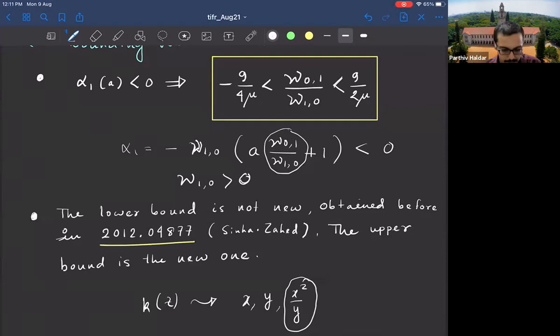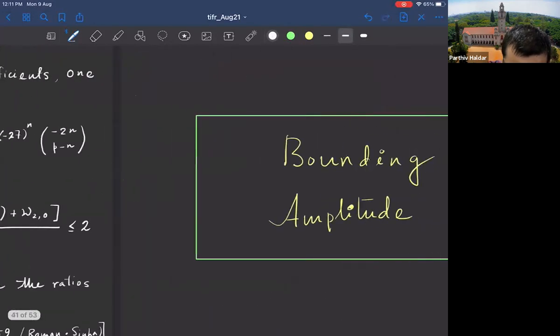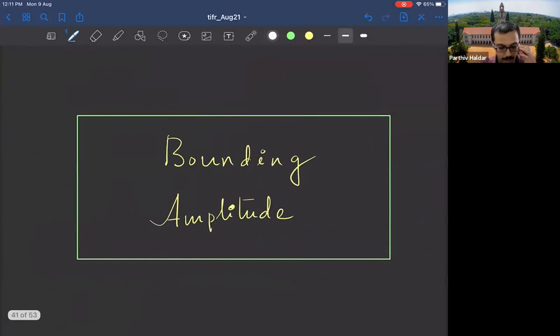Okay, so these bounds, the second part is that the amplitudes themselves are bounded.